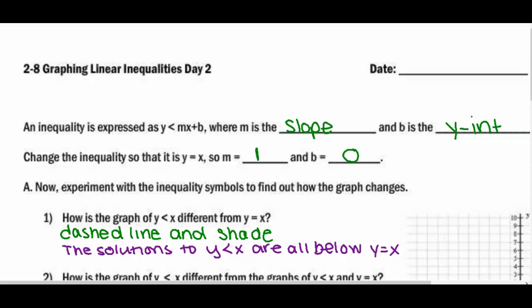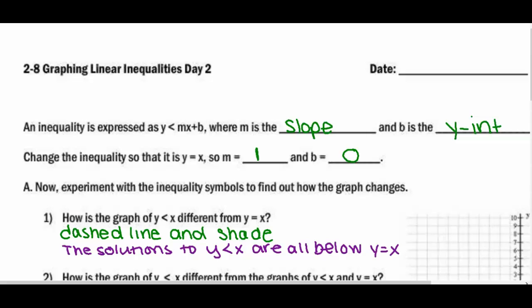So now we want to work our way through the example. It says you have the inequality given y less than x. And we want to compare it to the line y equals x. So y equals x is just a normal linear function, right?